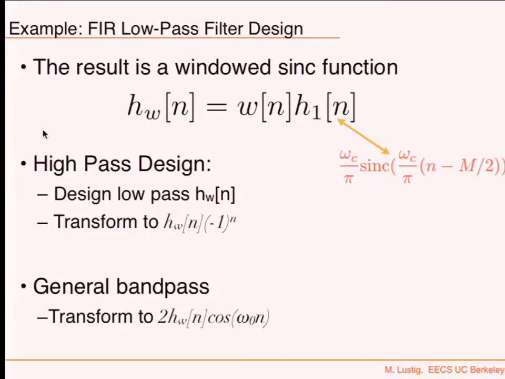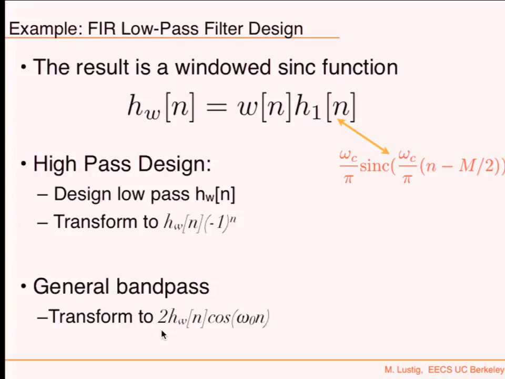Now, if you design a high-pass filter, what you do is you design a low-pass filter, and then you modulate it by plus minus 1, which basically takes the low-pass into a high-pass. Okay? So that's easy. And if you want a band-pass filter, then you basically modulate by a cosine.